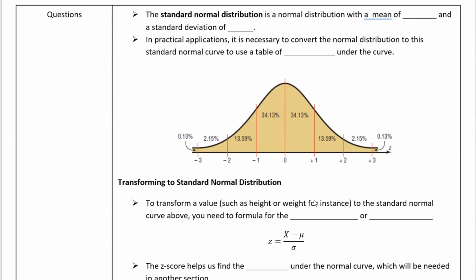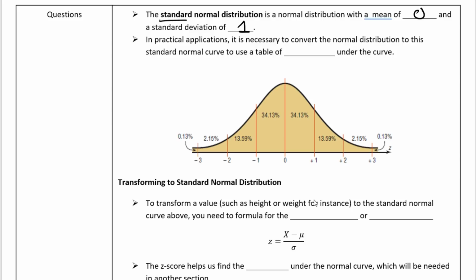All right, so the standard normal distribution is a normal distribution with a mean. This is different than a normal distribution. It's still going to have the same shape as a normal distribution, but we call it a standard normal distribution. The reason we call it standard is because any normal distribution can be converted into this standard normal distribution, where it always has a mean of 0 and a standard deviation of 1.